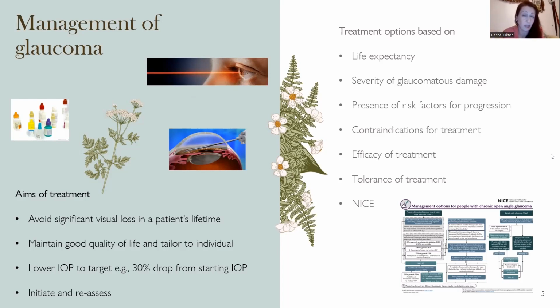So everyone's target eye pressure may be slightly different, but we're aiming to get it to a point where you don't get damage, or we slow down the damage. We also want to start something, reassess, and if that doesn't work, go to the next option. So those are the aims that we look at.